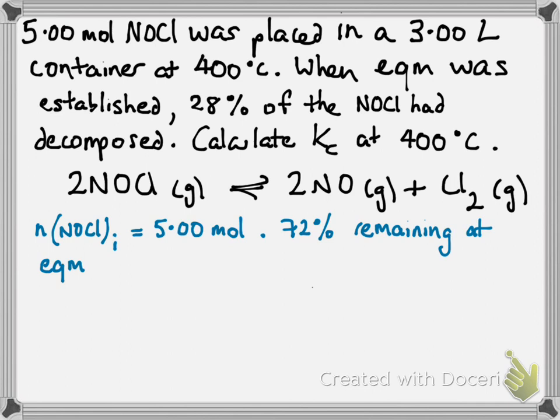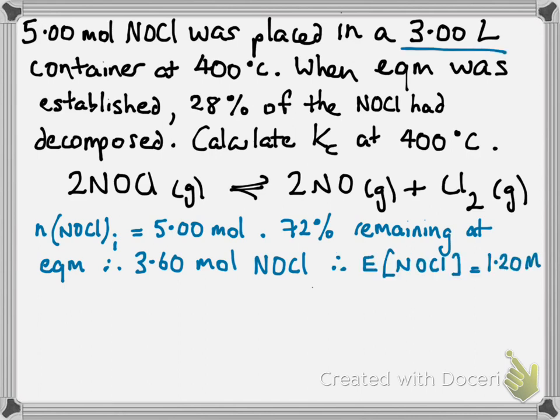You're told the initial number of moles of N2O4 is 5. If 28% of it had decomposed when equilibrium was established, that means 72% of it was remaining. So 72% of 5 is 3.6 moles of N2O4 at equilibrium.